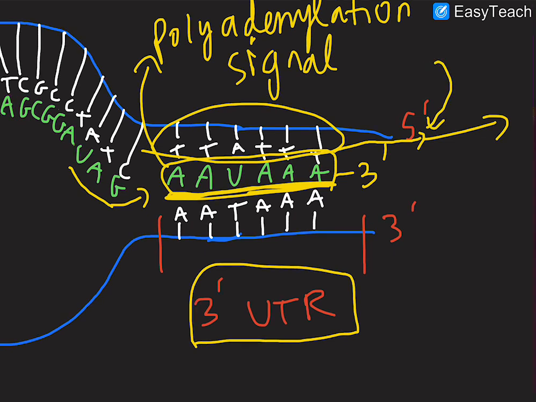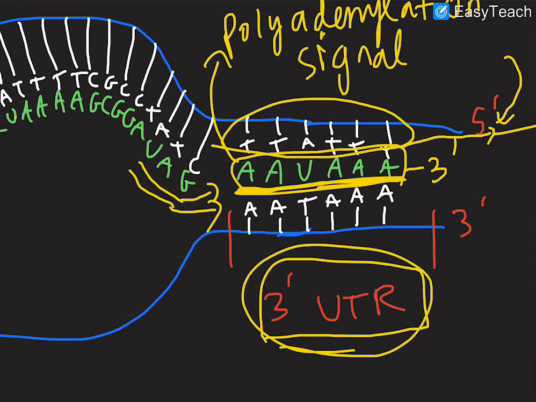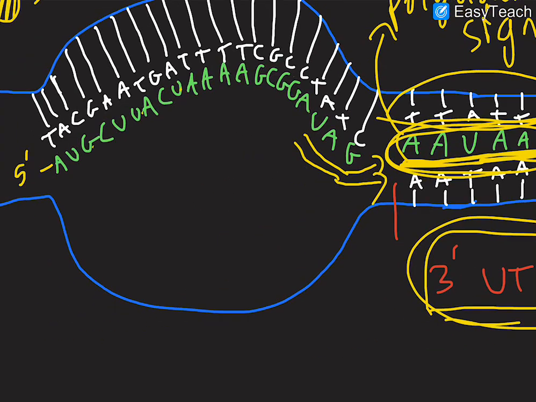But for now, the main thing to understand is RNA polymerase 2 cannot stop at the stop codon. It has to go a little further into the 3' untranslated region, because it needs to put down this AAU, AAA, because this is the polyadenylation signal. So yeah, that's basically it.